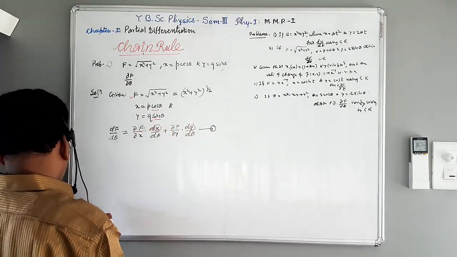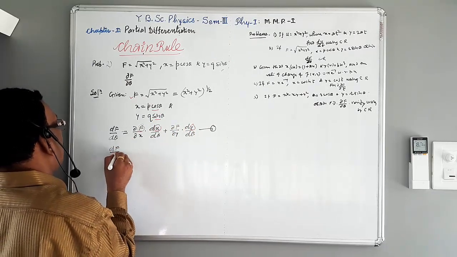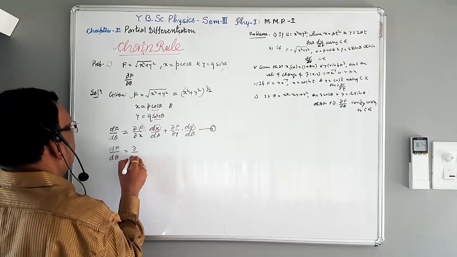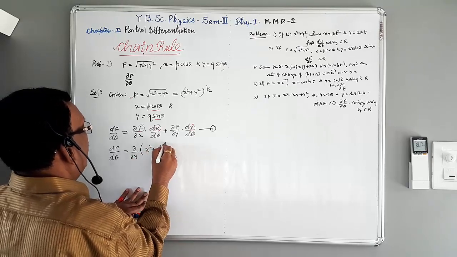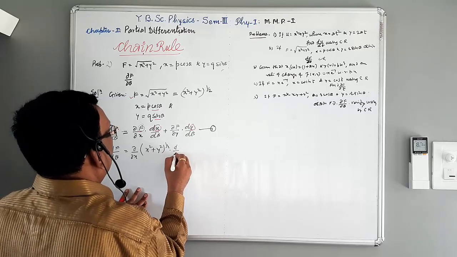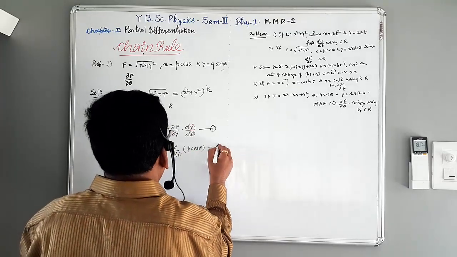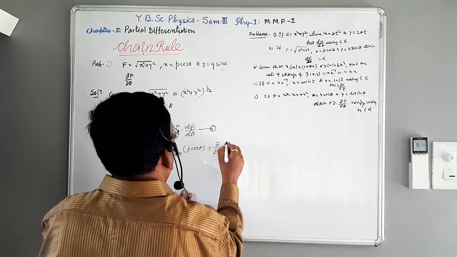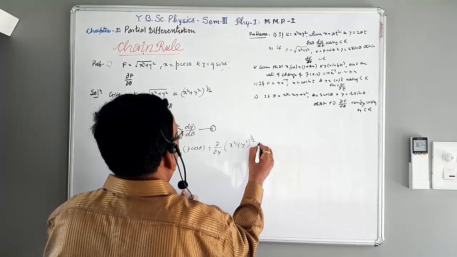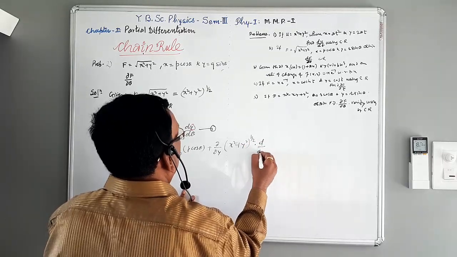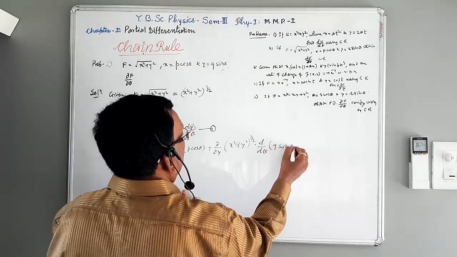We have df by d theta is equal to del by del x in bracket x square plus y square bracket raised to 1/2 into d by d theta of p cos theta, plus del by del y in bracket x square plus y square bracket raised to 1/2 into d by d theta, and value of y is q sin theta.